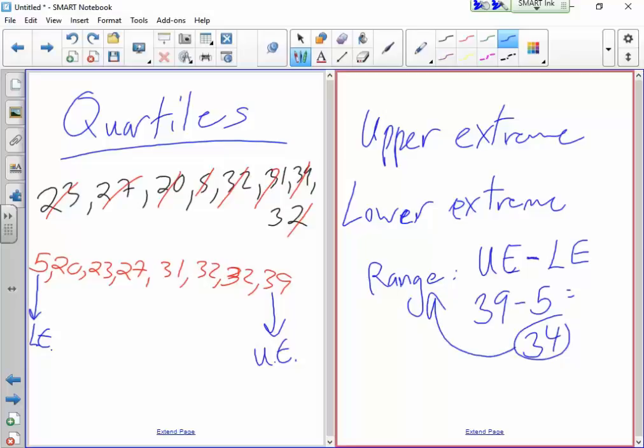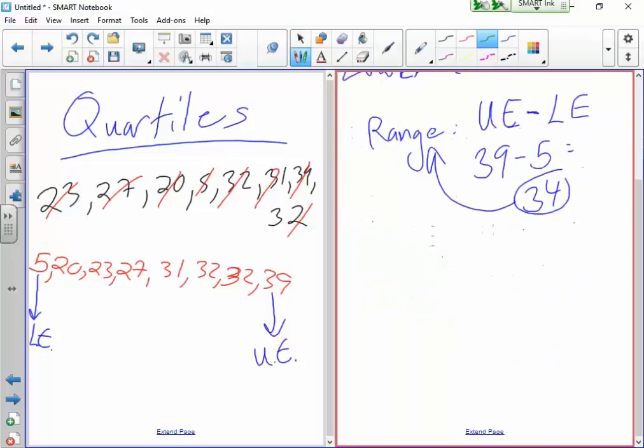Yes. Okay. Now another piece of information that I need is a median. What is a median? It's the middle number. Remember, the way that we found medians before was that we crossed off our low and high numbers.